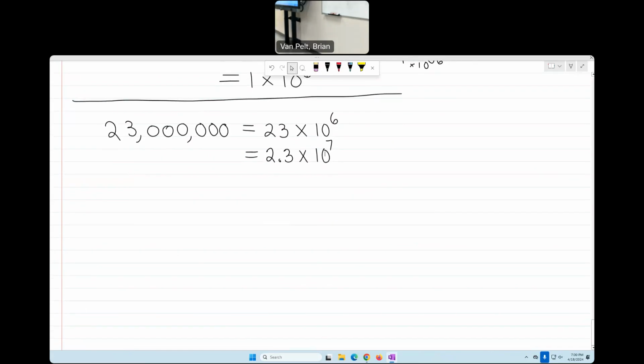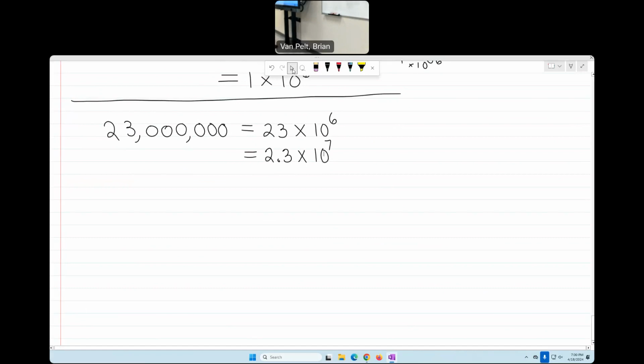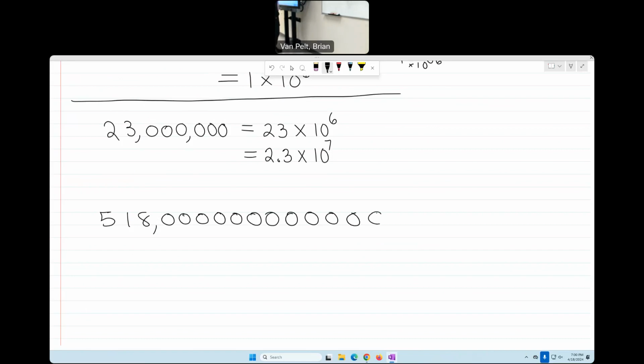Obviously, scientific notation is quite useful when you're dealing with large numbers. Can you imagine a number with 20 zeros in the calculator?